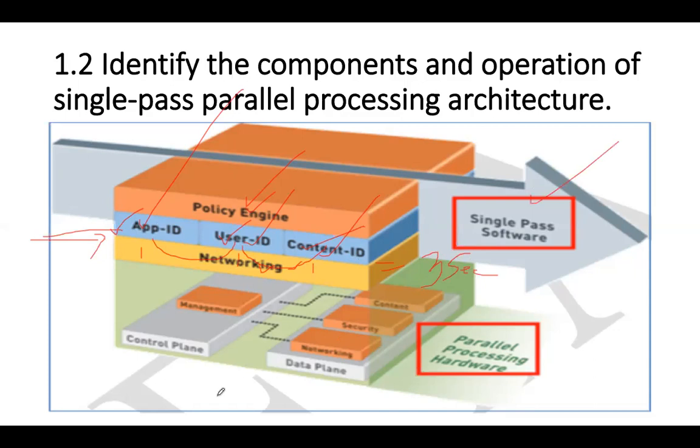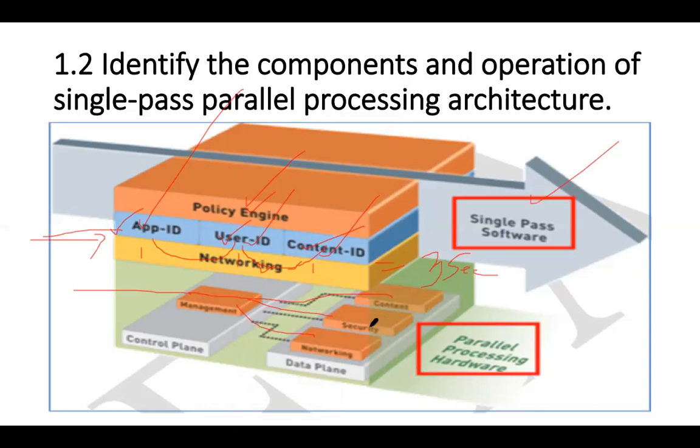Now the parallel processing hardware: the Palo Alto has been designed so that when the traffic comes, the same image of the traffic is sent to the content check, the same image is sent to the security check and the networking check, and so on.